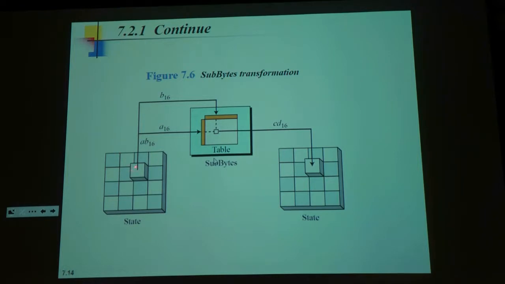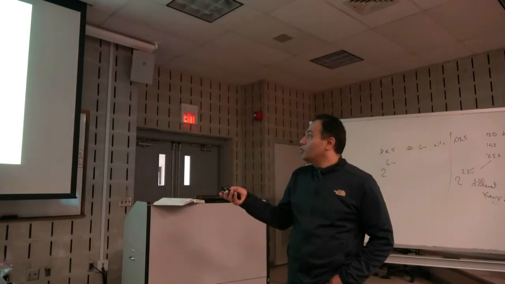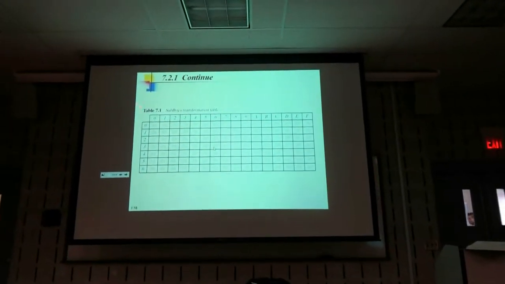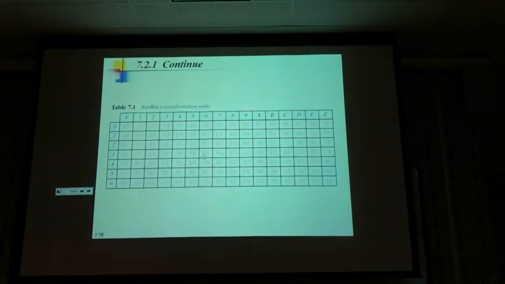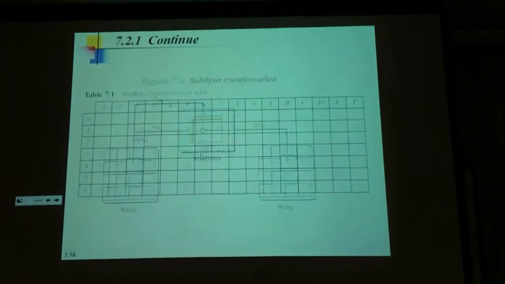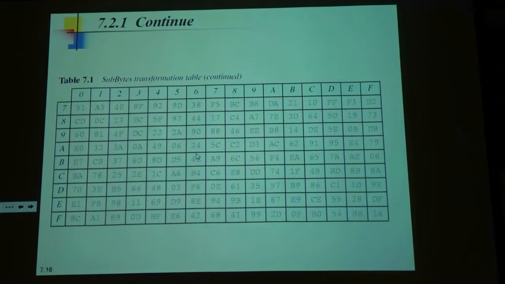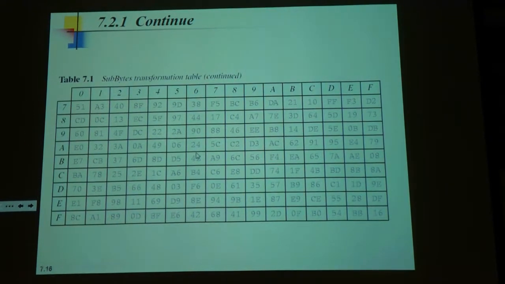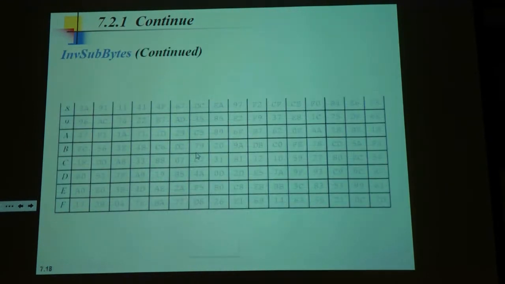So the 2 will go to a pre-designed table, row number 2 and column number 4, and we take the new value. Then we substitute it back in here. Let's take a look. So this is the table. The rows are from 0 to F, and the columns are also from 0 to F, right?